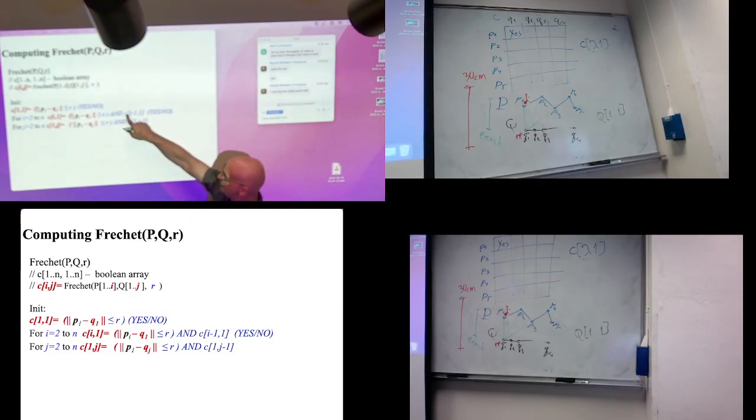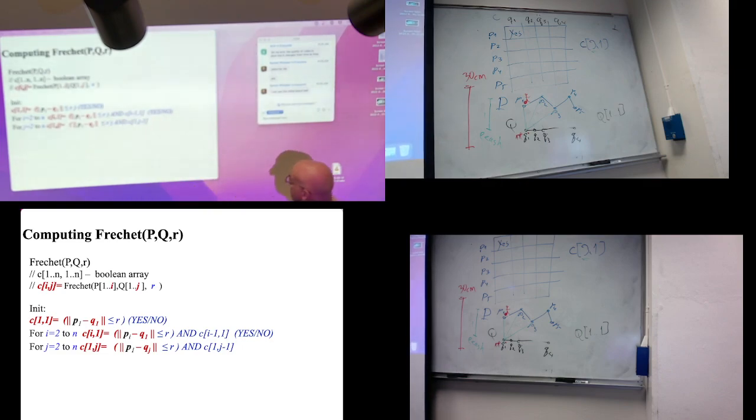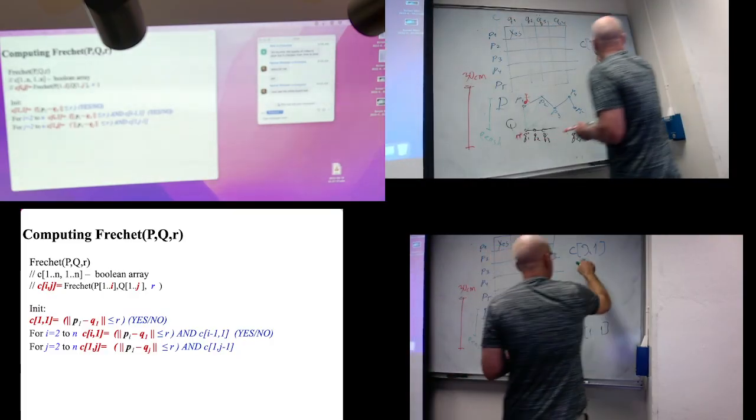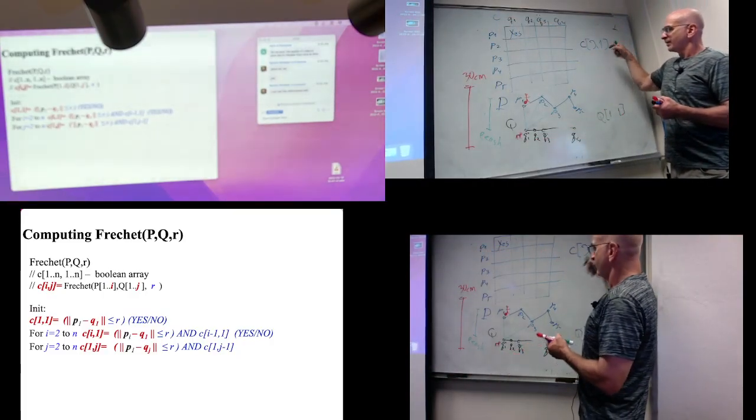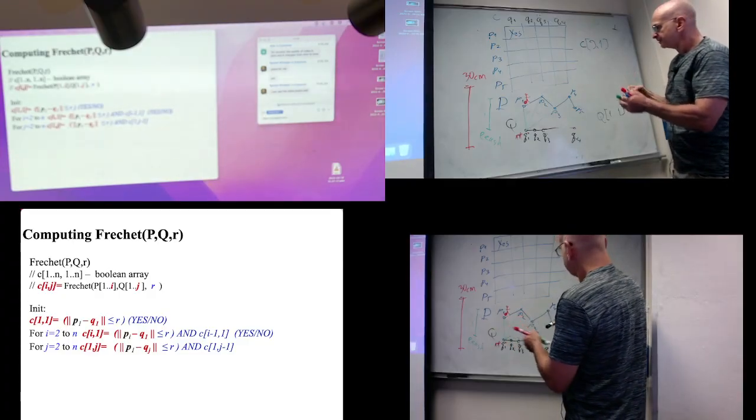And in addition, C of I minus 1, 1, that I just computed in this loop, is true. So this is just a shortcut. When I write C13 is true, it's just a shortcut.